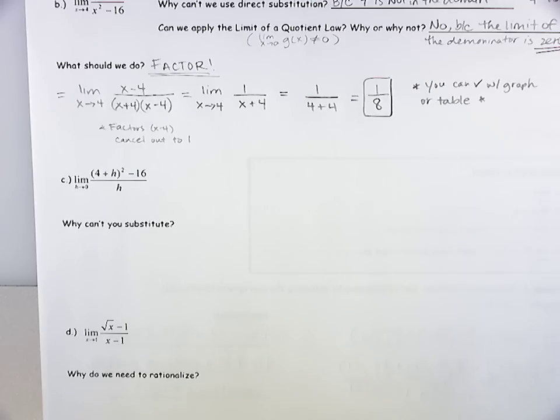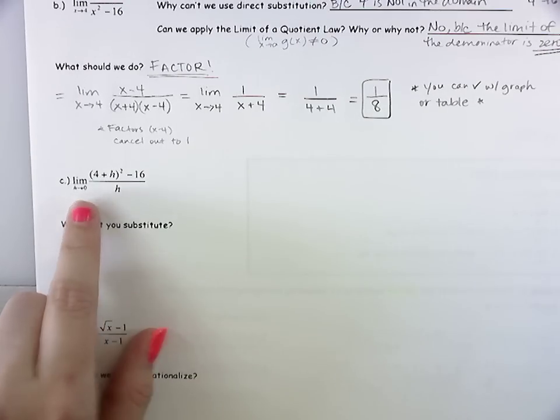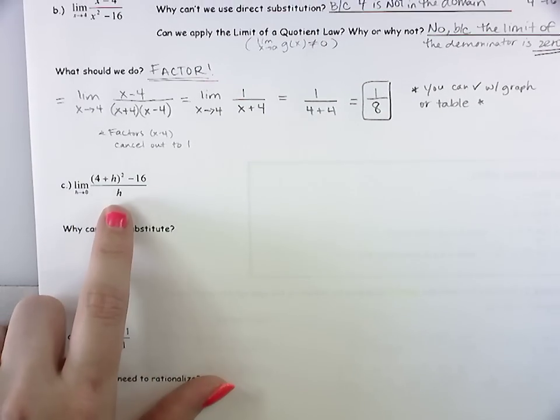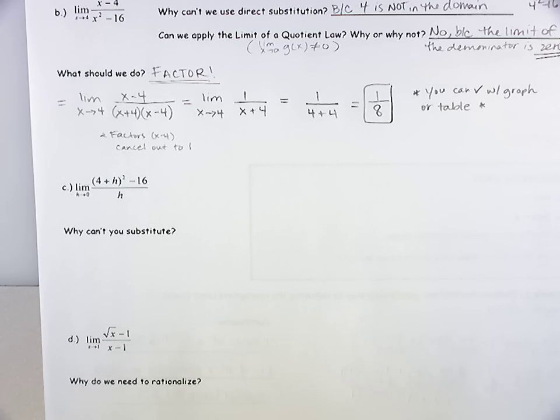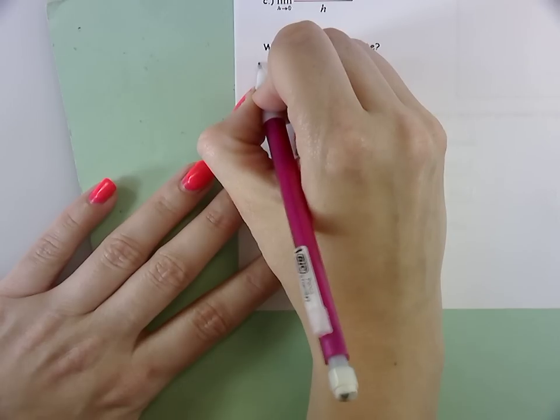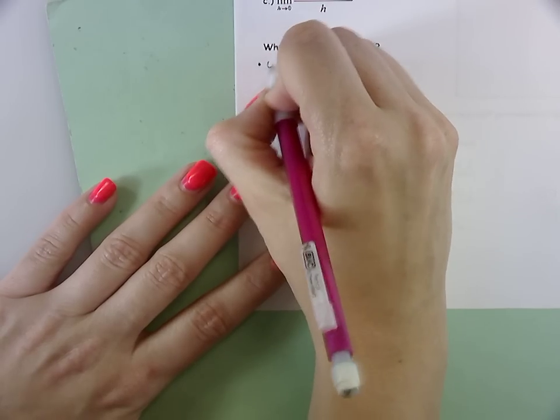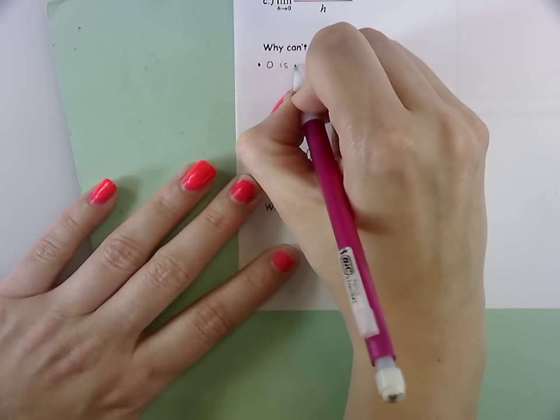Okay, so this is as h goes to 0. So if I try to do direct substitution and I plug in 0, I'm going to have a problem, right? So we have to talk about what we're going to do. So why can't you substitute? The denominator will be 0. Okay, yep, so 0 is not in the domain.